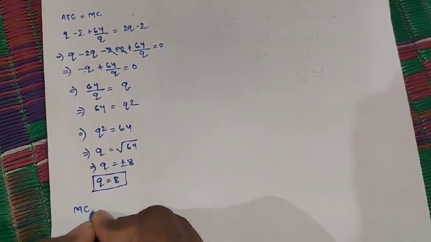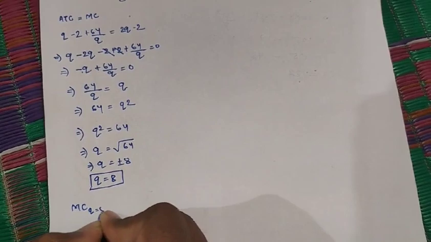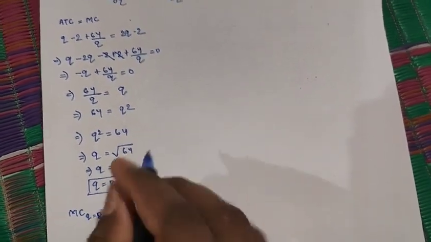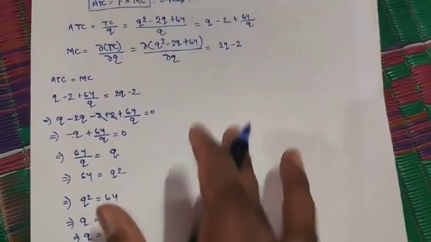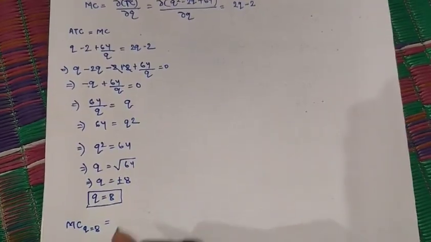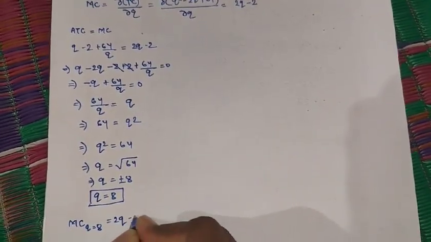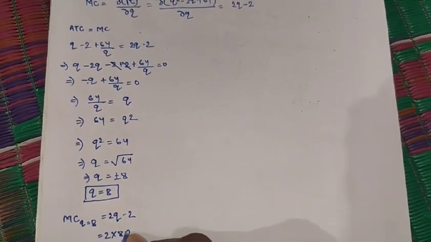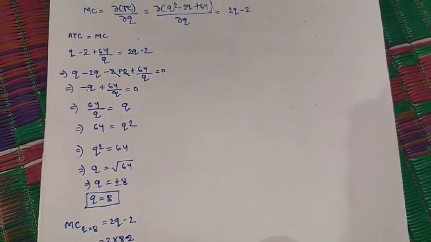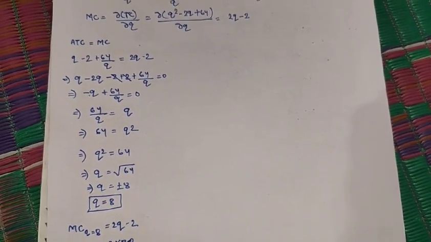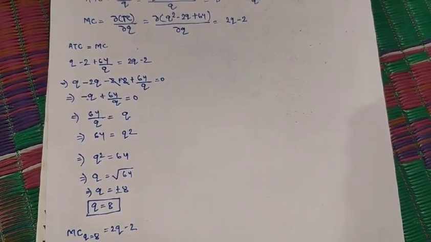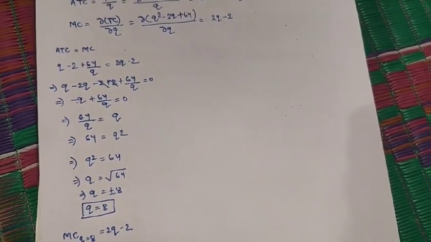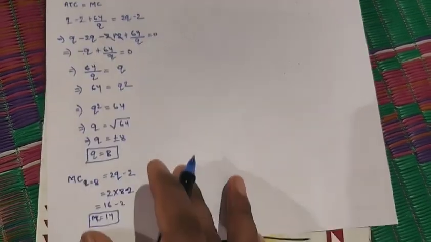What is marginal cost? We found marginal cost is 2Q minus 2, so 2 into 8 minus 2 is 16 minus 2, which is 14. Now marginal cost equals 14.